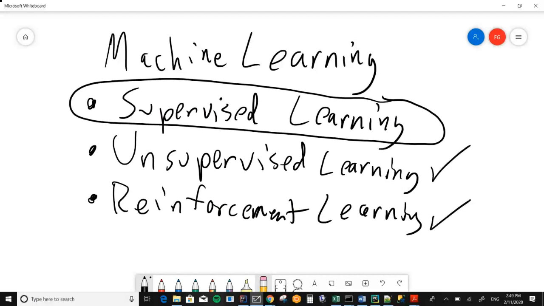So you'll get at least a taste of all three major varieties and a feel for what kinds of algorithms we use for these sorts of things. We're going to spend the bulk of our time on supervised learning because, in part, it's where most of the algorithms are.